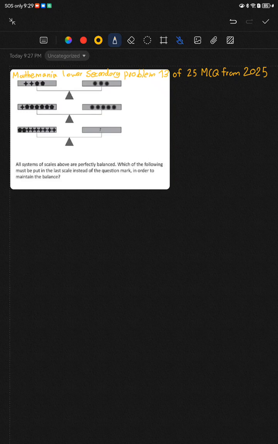What I did first to make calculations easier was to substitute three unknowns, one for each weight.